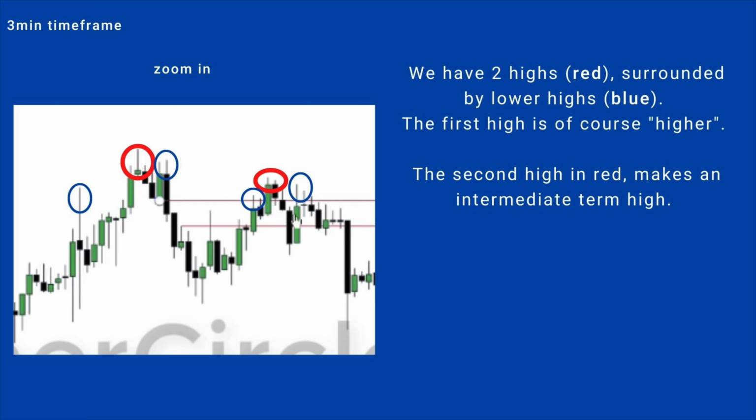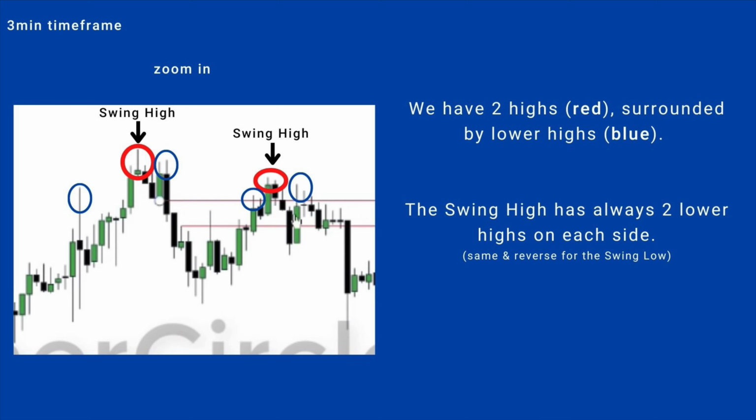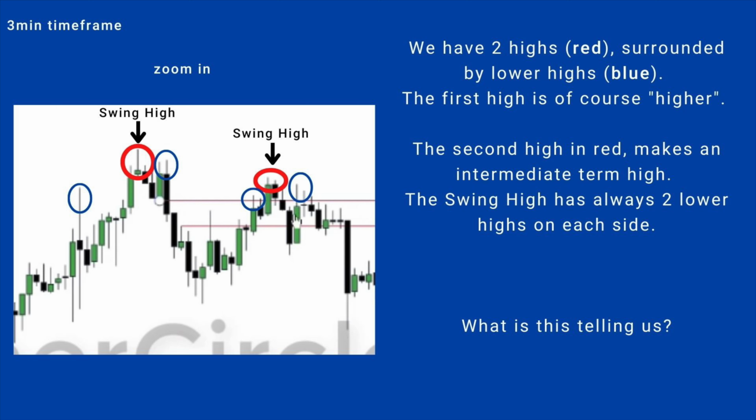When we have two highs surrounded by two lower highs, we know that those are swing highs. Swing highs always have two lower highs on each side. Yes, guys, swing highs are cool, but what is this actually telling us?